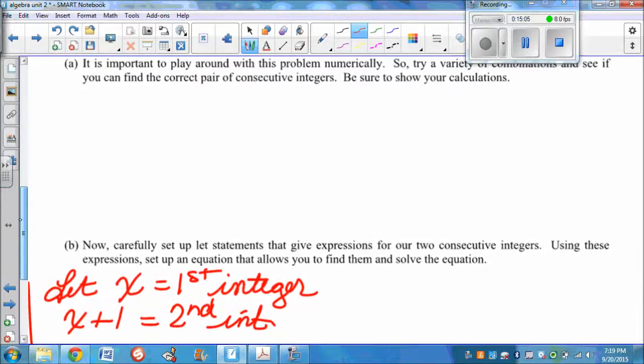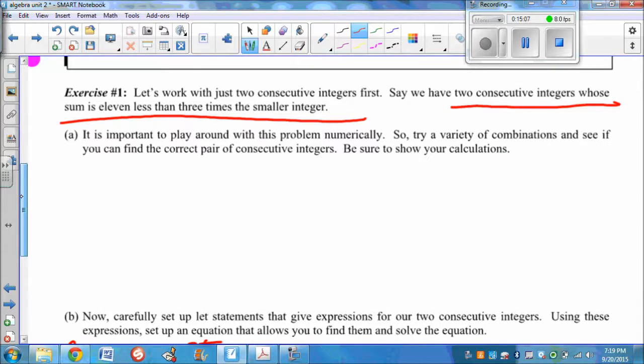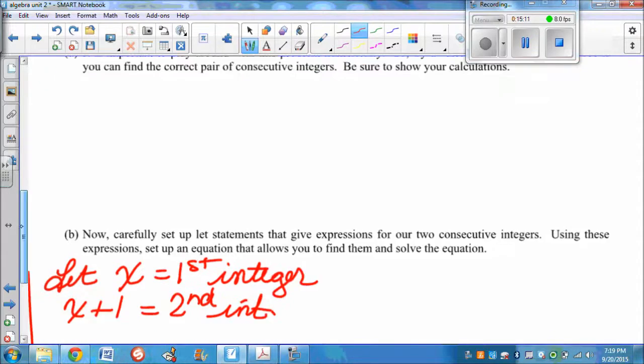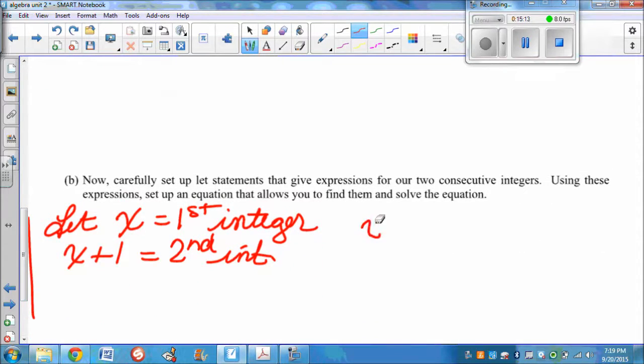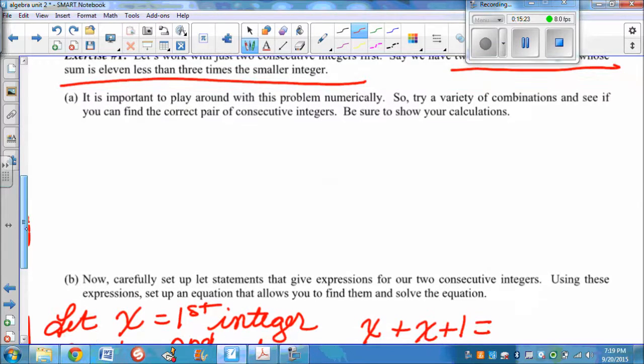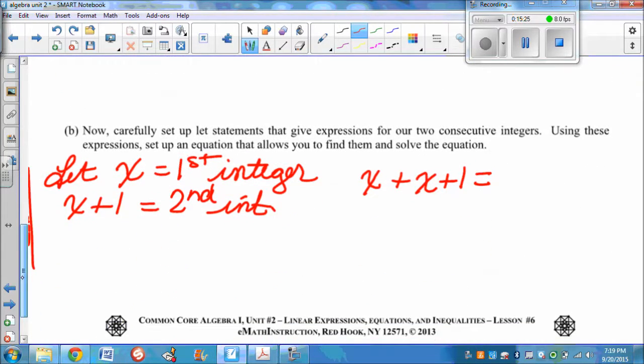And it's stated up here, two consecutive integers whose sum, so we've got to add those, whose sum, so there's the first one, plus the second one, is 11 less than 3 times the smaller integer.